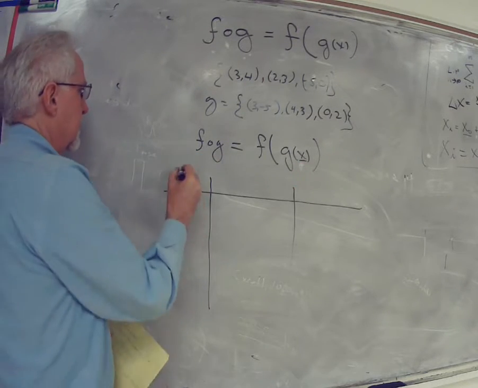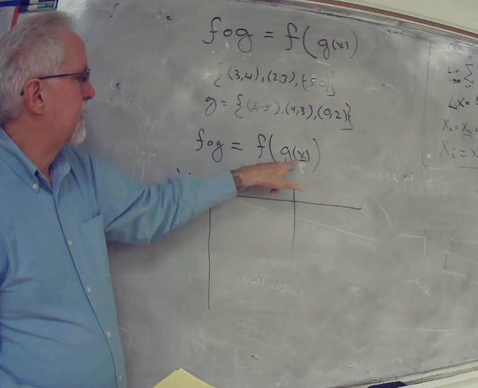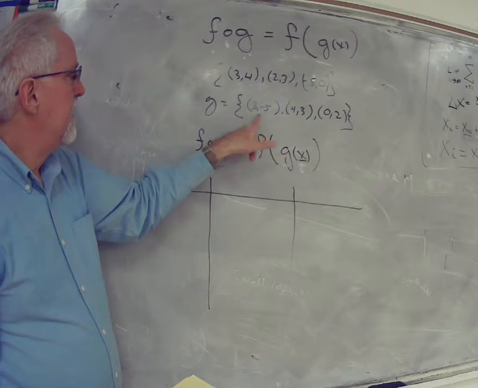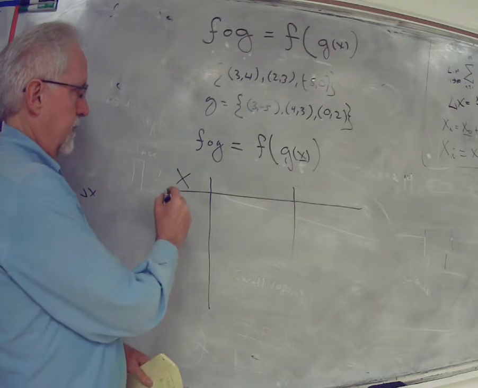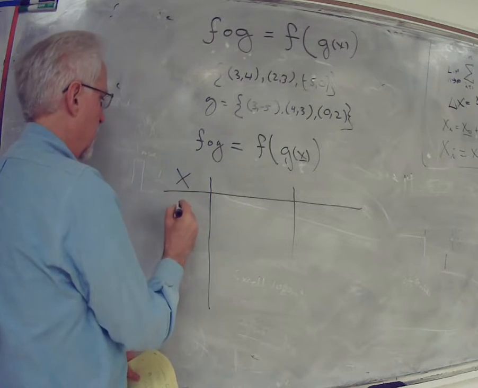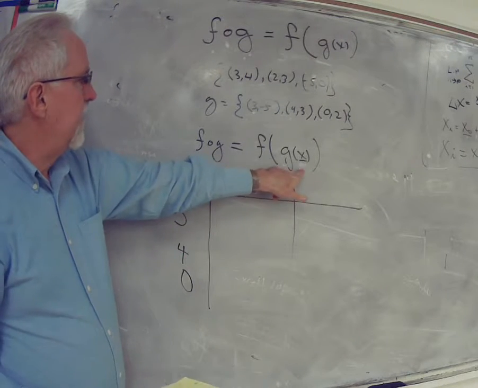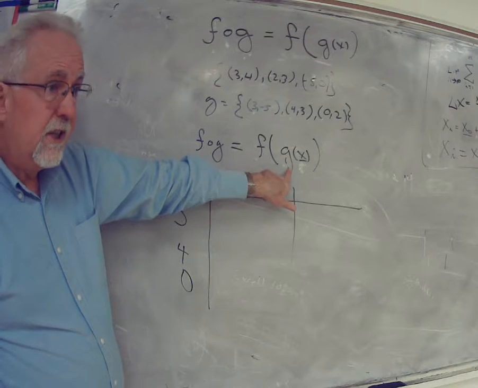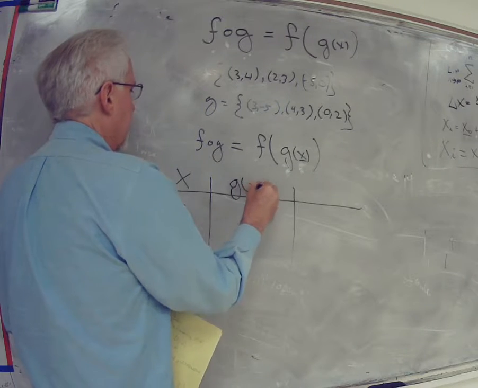What is the most inside thing that we need to find? X. Is that the X that goes with G, or is that the X that goes with F? The one that goes with G. And so what would my X values be with G? 3, 4, and 0. Now I need to find G of those x's.